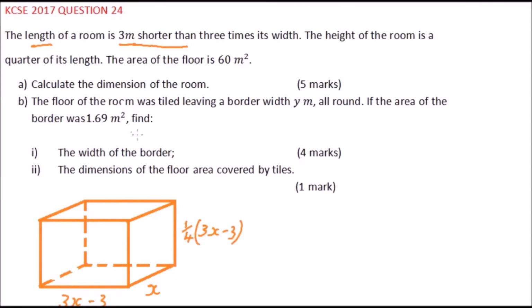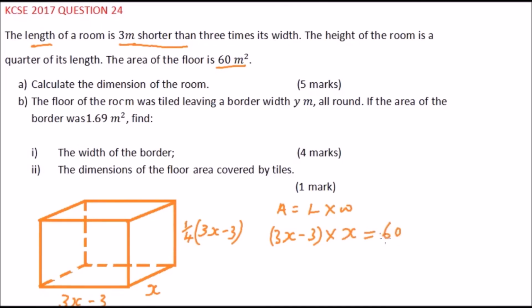And the first question, calculate the dimension of the room. We are given the area of the floor is 60 meters squared, and we know that area is equals to length times width. This means we take our length, which is 3x minus 3, that is length, multiplied by x should give us 60 meters squared.